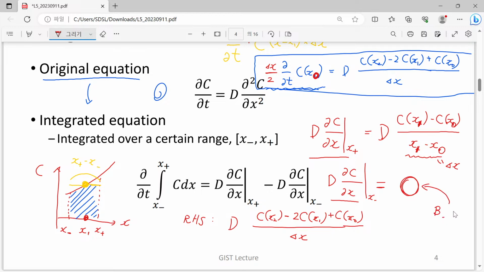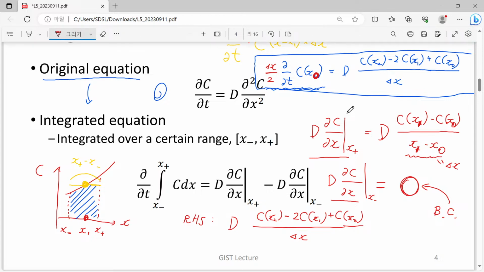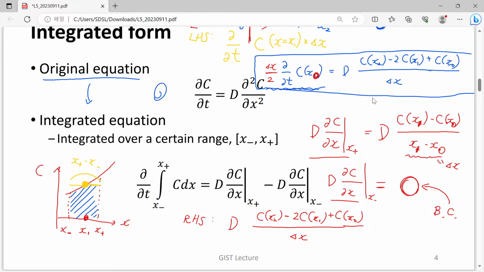The boundary condition tells us that ∂c/∂x evaluated at x0 should be 0. So by taking this boundary condition, our right hand side term can be evaluated in this way: x1 and x0.